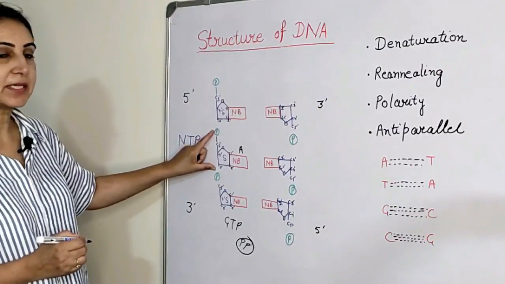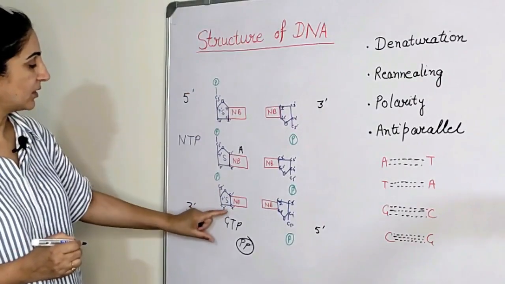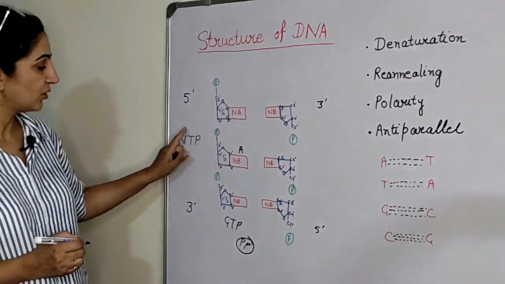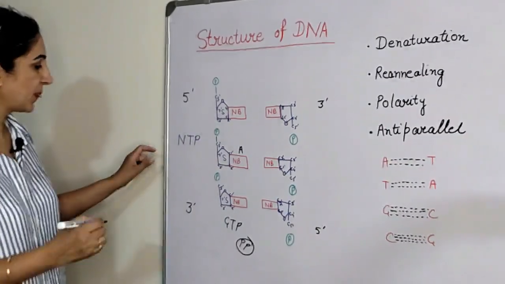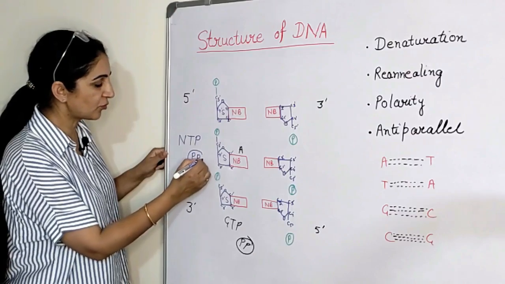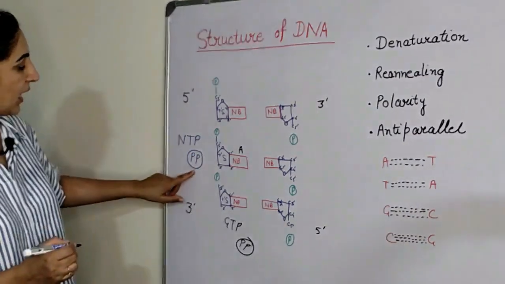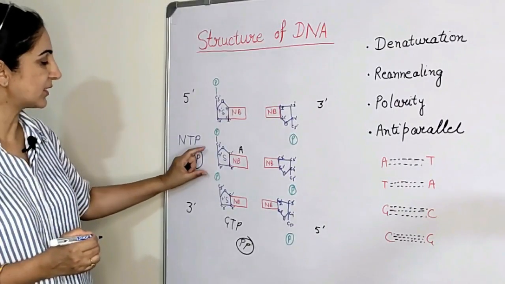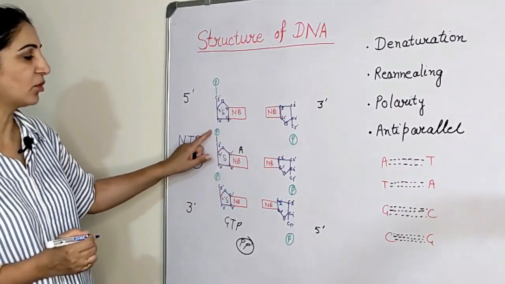But here we are saying that the DNA strand is made up of the nucleotide monophosphates. So what actually happens? One pyrophosphate group, that is 2 phosphorus, are removed from this nucleotide triphosphate. So now what's left behind is nucleotide monophosphate.